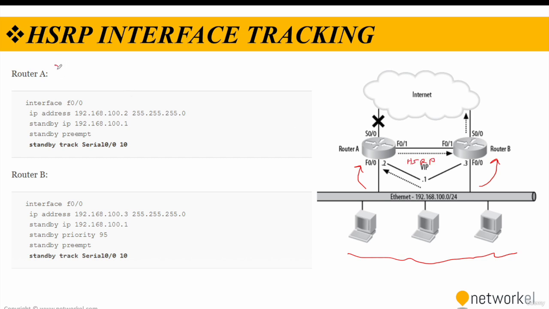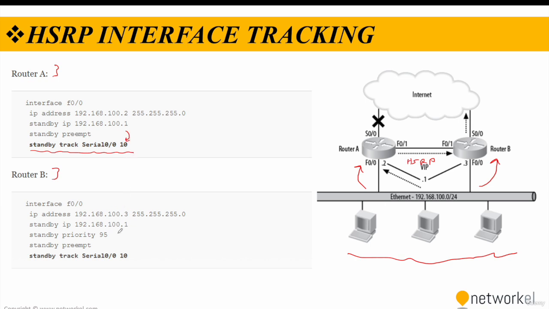Because I know their configuration. Router A is configured with a standby IP of 10.0.0.1, the same applies to router B, and router A is configured with preemption, but there's something else configured on router A, standby track serial 0/0 10. What is it? We will have a look.